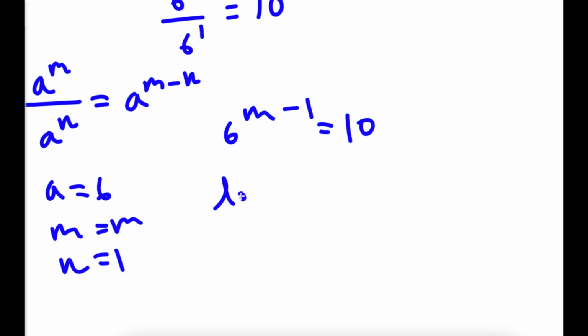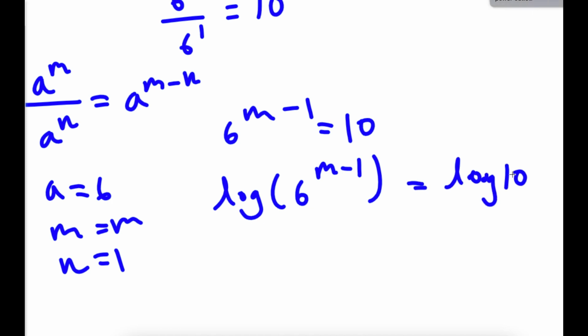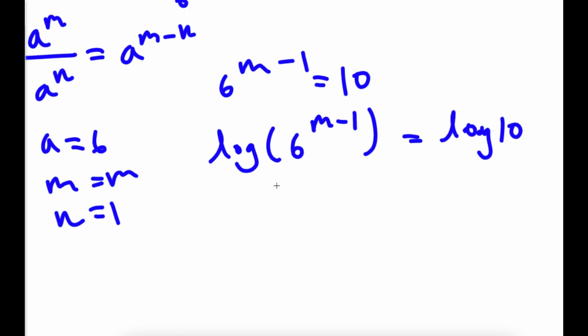Now I'm going to be taking the log on both sides, so I have log 6 to the power of m minus 1 is equal to log 10. Now, an important property of logarithms is that if I have something in the form log a to the power of b, I can actually move this exponent b to the front of the logarithm.